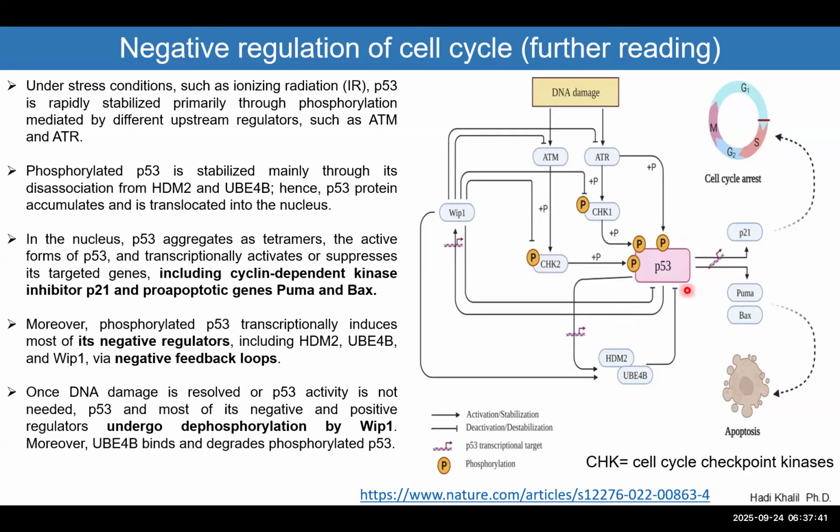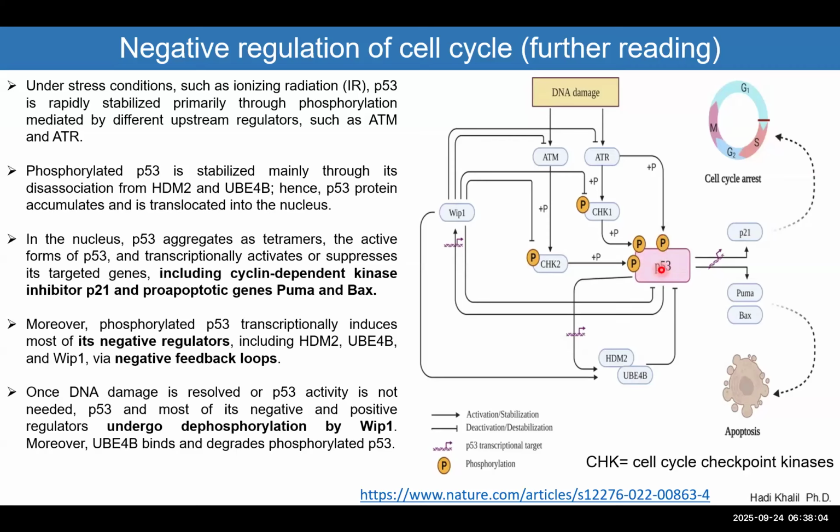Great. P53 is more stable. This means it can make tetramers and bind to the DNA. Okay, so it binds to those DNA where it binds to P21 so that P21 can block the cell cycle quickly by binding to the CDKs. So that's one route.